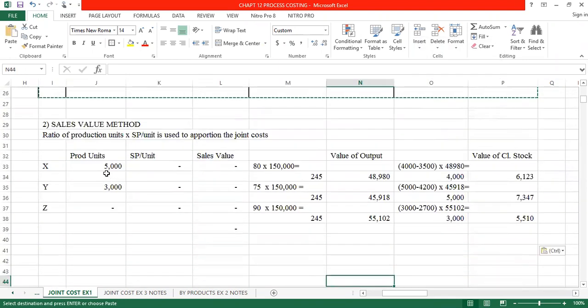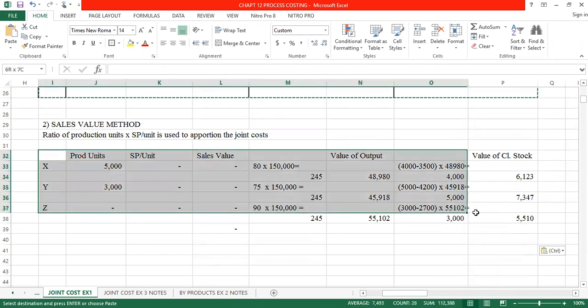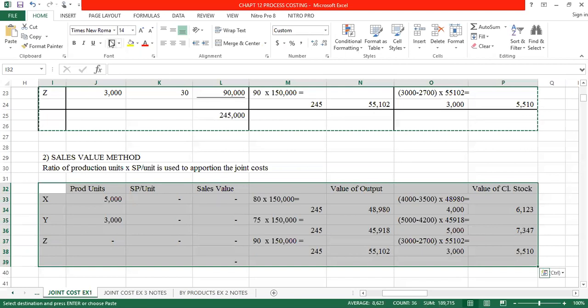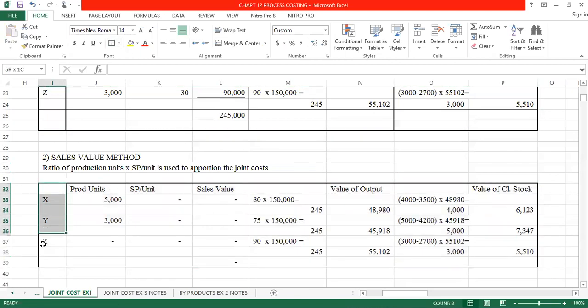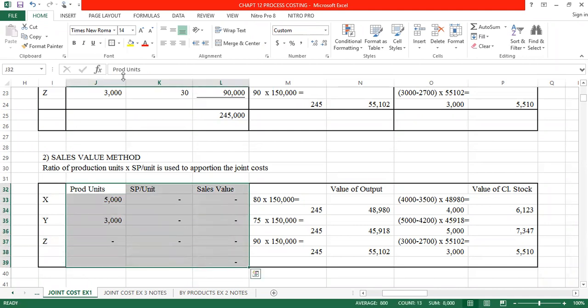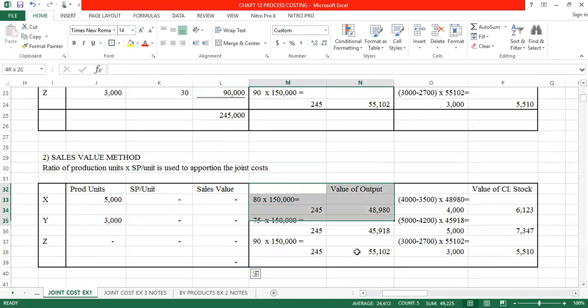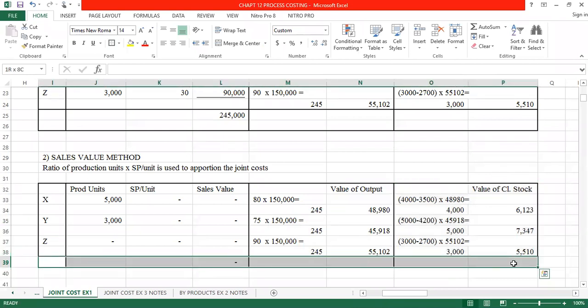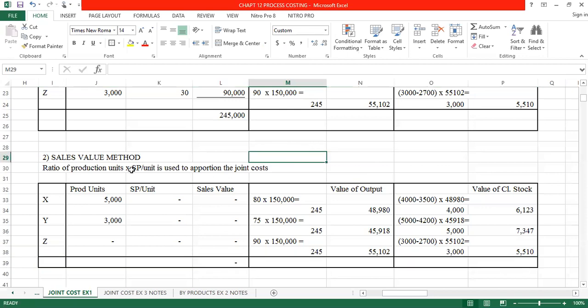But now, which method are we using? This is the last method. Now we are using net sales value. It is now not sales value.